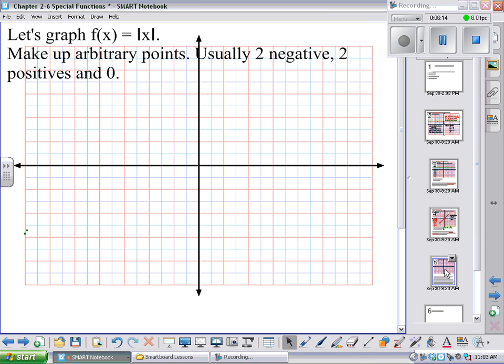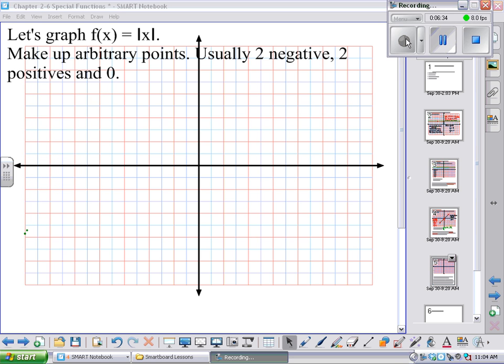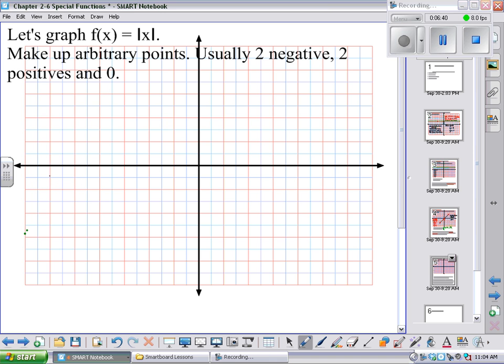For this one, the graph is f of x equals the absolute value of x. So the absolute value of x is going to give us, okay, so for this one again, make a table of values. 2 negatives, 2 positives, and 0. So this is -2. If we plug in -2, we get out 2. If we plug in -1, we get out 1. Plug in 0, get out 0.